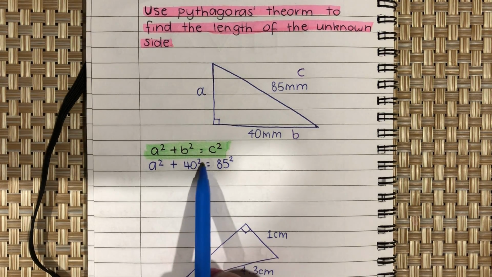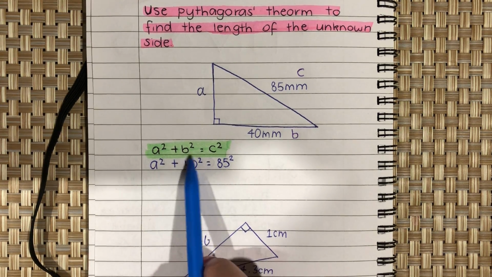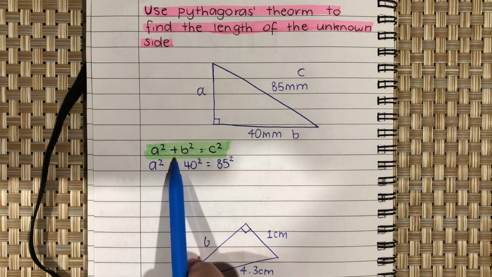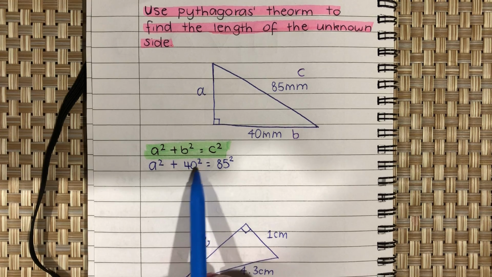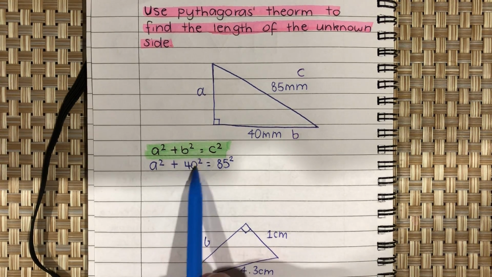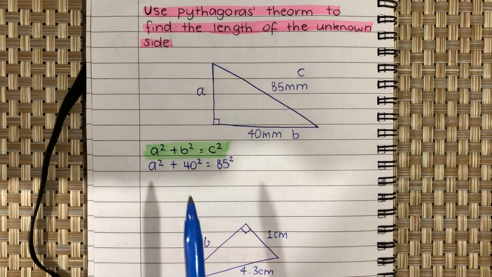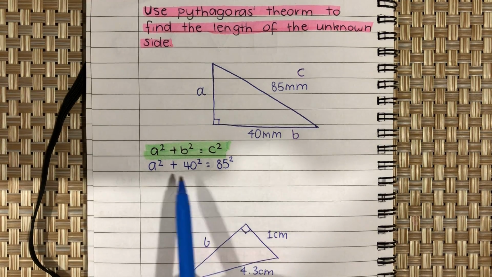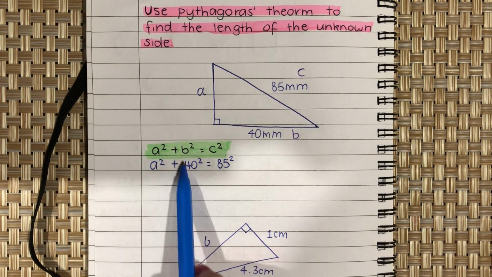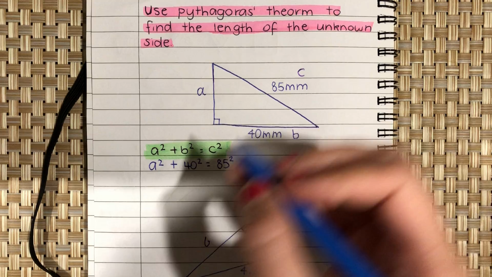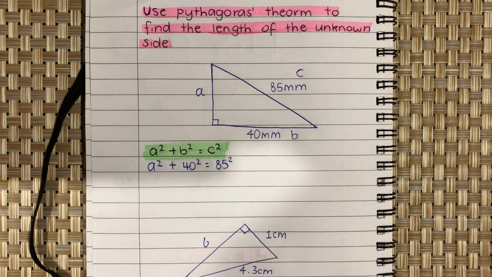The reason why I'm going to minus the 40 squared is because at the moment it's plus 40 squared, and the opposite of plus is minus. We did this in financial maths, so you should know this. So I minus 40 squared from both sides.